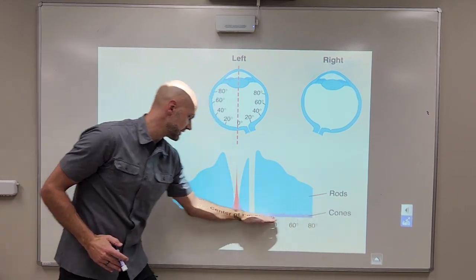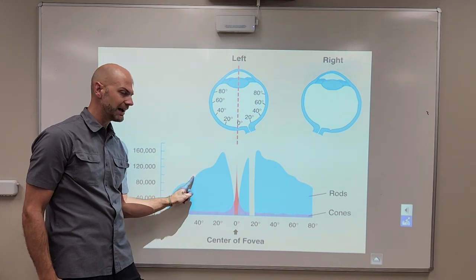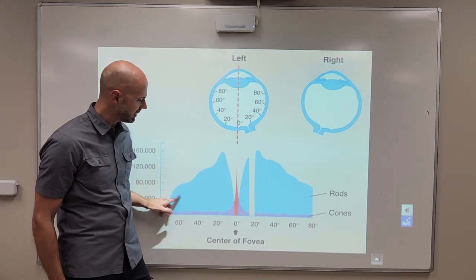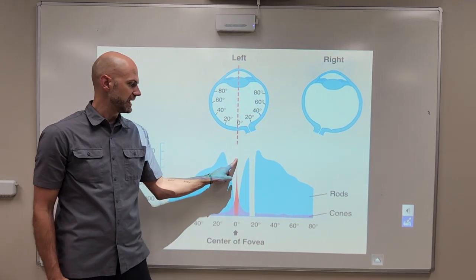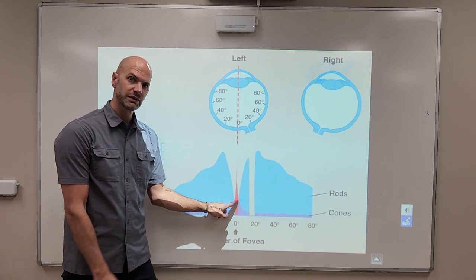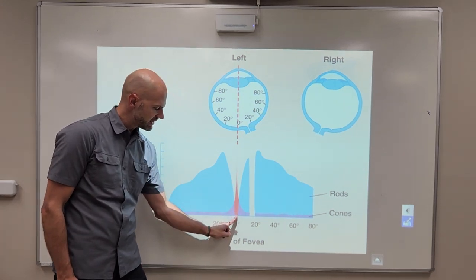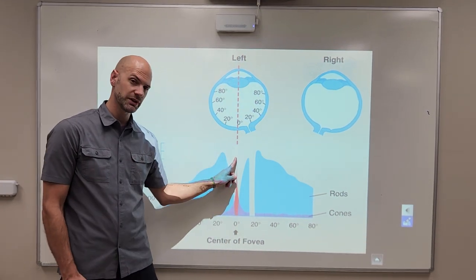The height here would represent how many rods or cones. And in blue, you can see most of the space is all rods, rods, rods. Rods drop off, and there's a sudden spike with cones shown in red. This spike right here is right at the fovea centralis. You can see it drops off with rods and it spikes with cones.